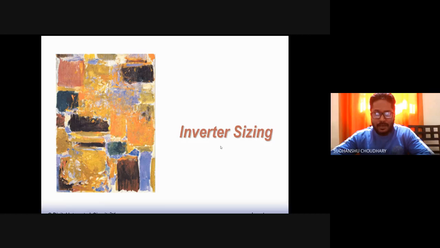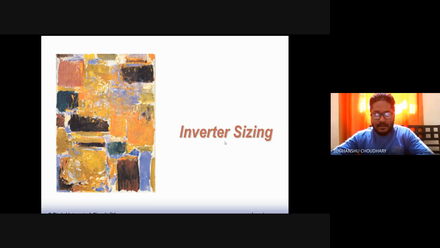This analysis will be done for a CMOS inverter, that is, we will find the size of CMOS inverters in a chain. There will be a series of inverters attached in a chain, and we'll find the size of those inverters.